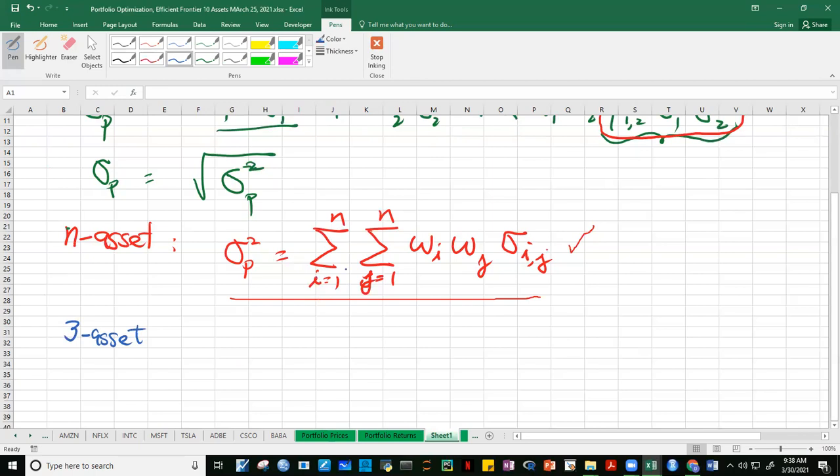So if you take note, Luisa, the summation pairs the assets, no? I is equal to 1 and j is equal to 1. So you pair the assets one at a time.